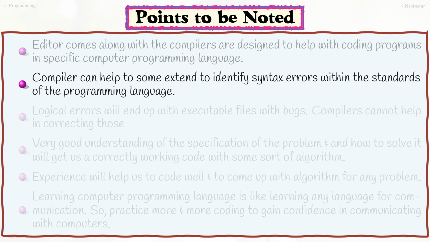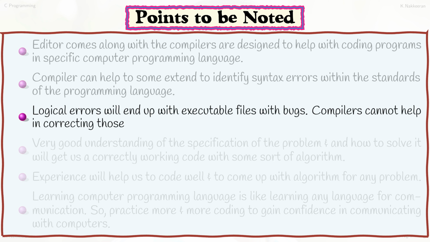Dev C++ Compiler will mark the line next to the printf statement in red color, and at the bottom of the window it will give the error message. So, compilers can help to some level to identify syntax errors in programs. You can make use of the compiler's error message to correct the syntax errors.